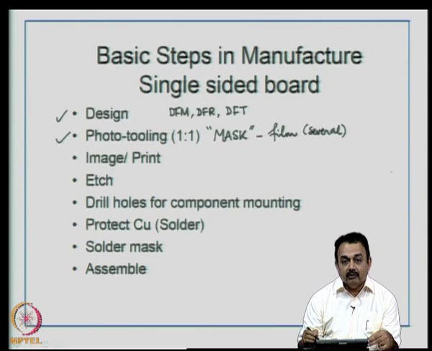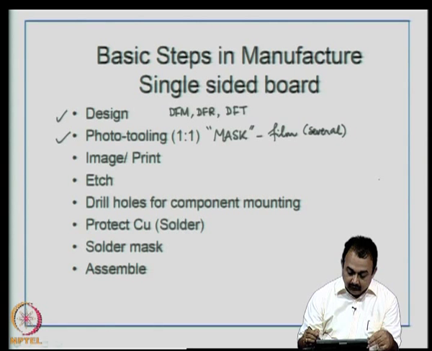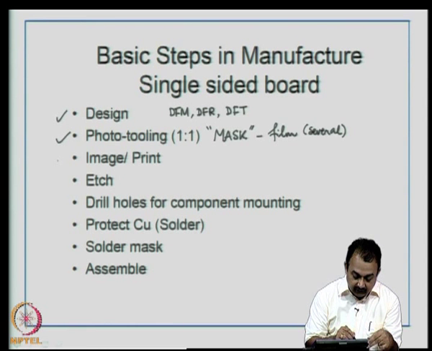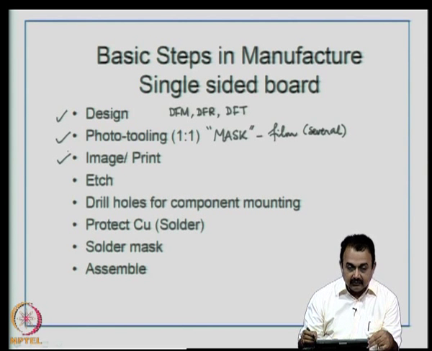For a single sided board, typically you will have one electrical layer and therefore, a single mask, but at the same time a mask for a solder mask will have to be created and a mask for a legend print have to be created. Now, the next step is to transfer this image onto the surface of a copper-clad laminate.